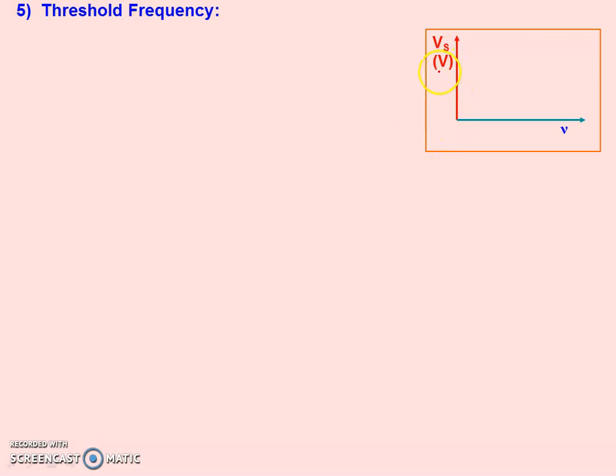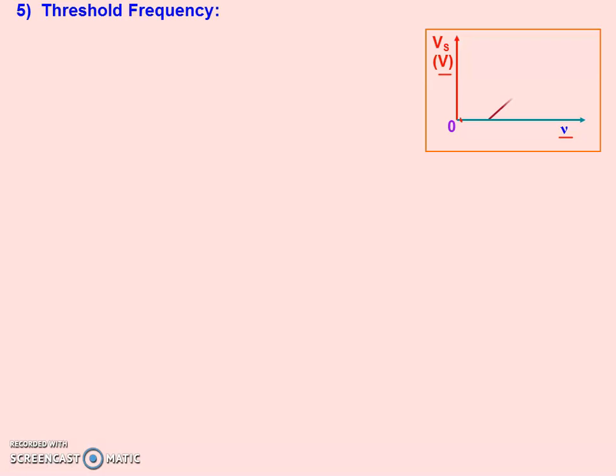There is stopping potential on the y-axis, frequency of photon on the x-axis. If we incident light of lower frequency, there is no emission of electrons. If there is no emission of electrons, there is no need of retarding potential.